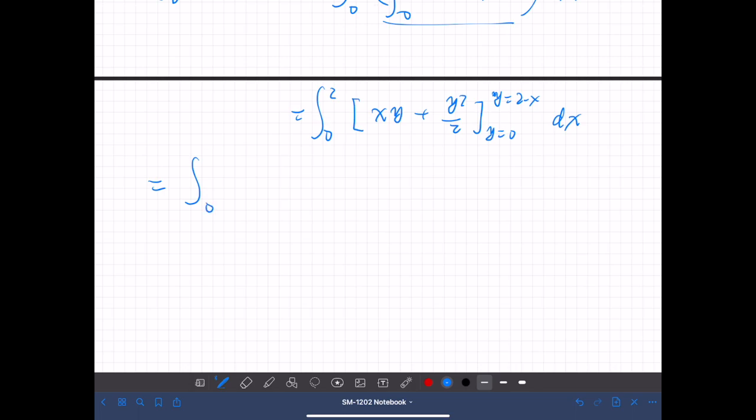So that would be x times (2 minus x) plus (2 minus x) squared over 2.